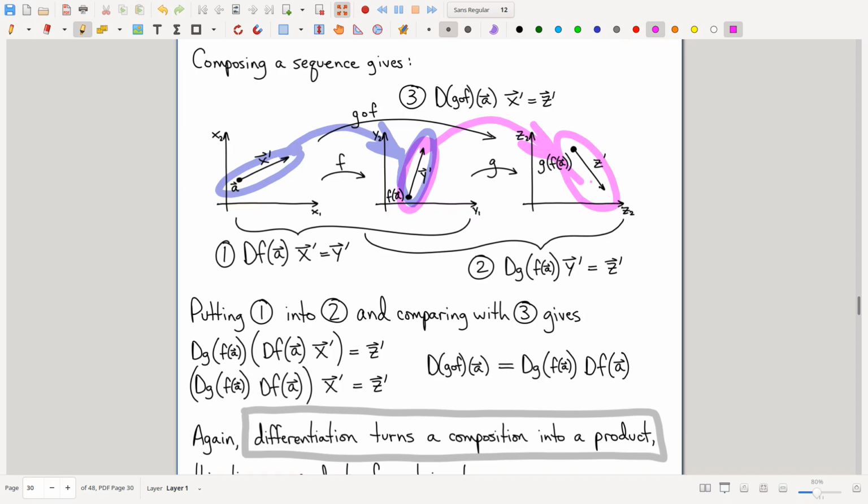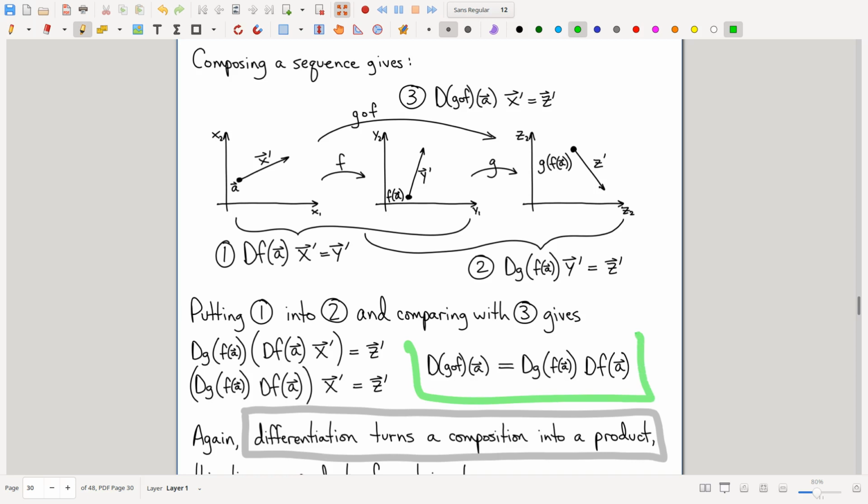This time it's called the derivative matrix of g, so dg. And so altogether, that two-step process is what turns x prime into z prime. In other words, the product of those two factors is going to be the derivative matrix for that composition. And so all of this comes down to this formula right here.